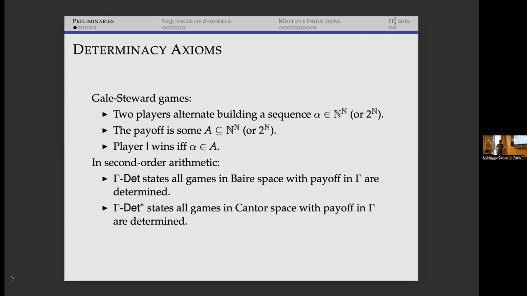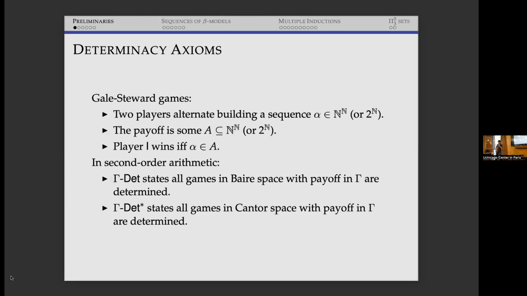So what is the determinacy we're thinking of? Just determinacy for the Gale-Stewart games. We have players building infinite sequences of natural numbers, and we have a payoff.